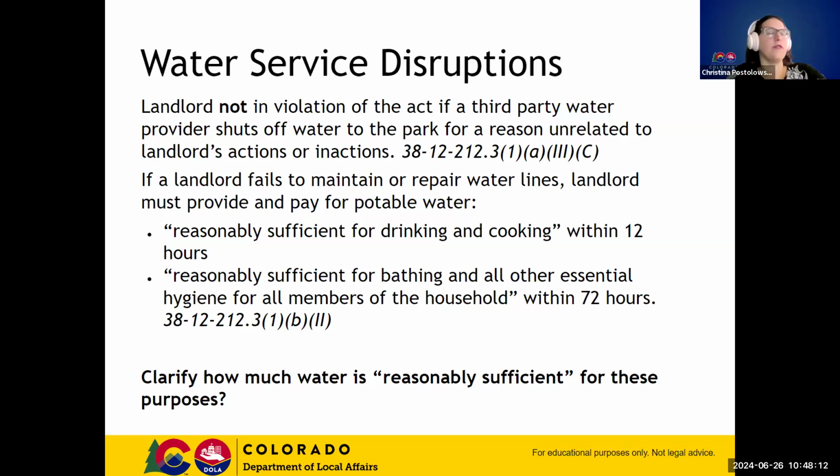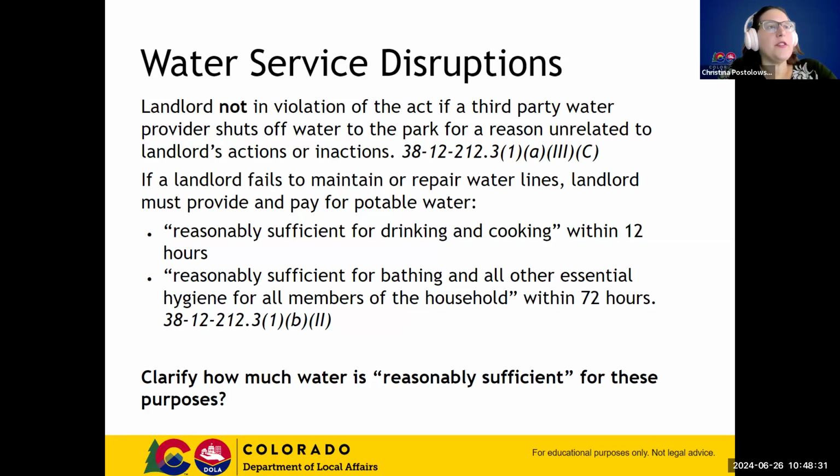There is some additional clarification though on when landlords need to provide water and the amount of water that landlords need to provide. When there's a water service disruption, that is the responsibility of the landlord.